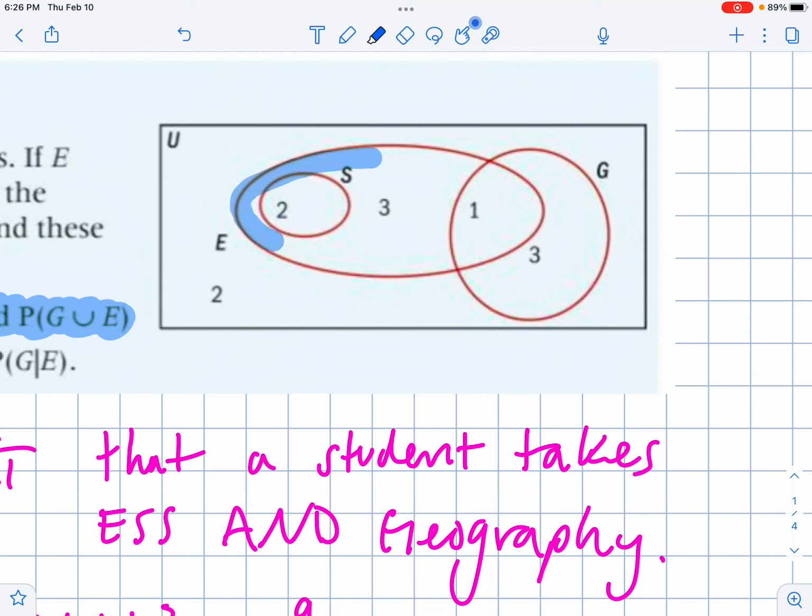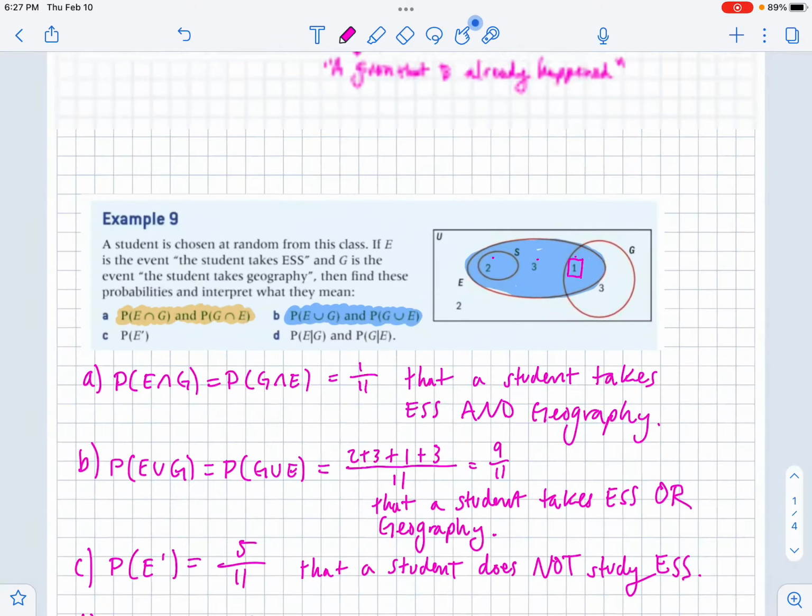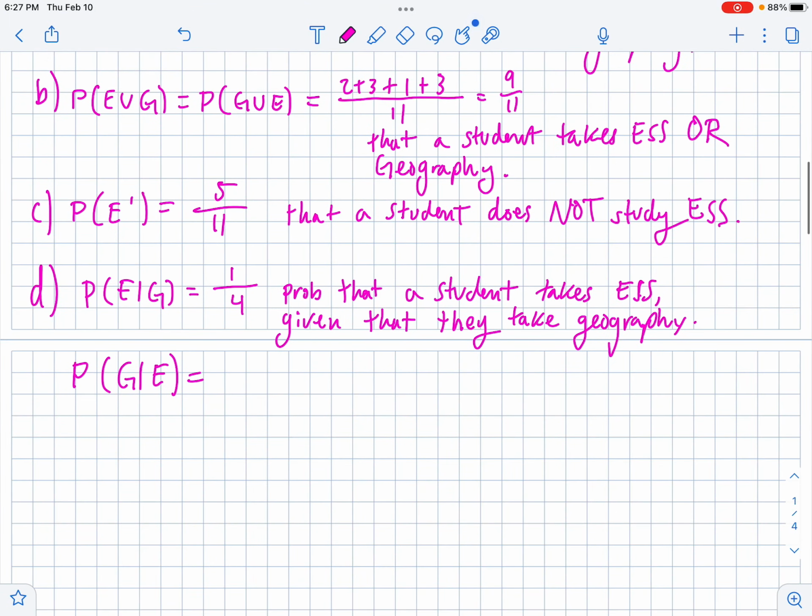Well, if E happened, which means that the student does take ESS, we want to know the probability of them also taking geography. So it's still that one person in the intersection, but now the sample space is 1, 3, and 2 put together, which is 6. So I believe this is 1 out of 6.